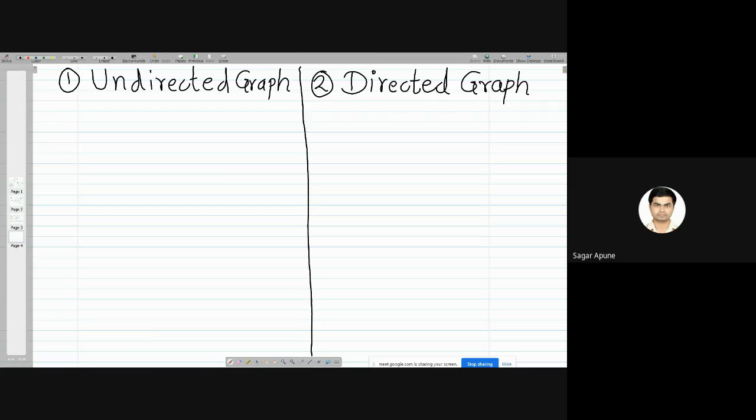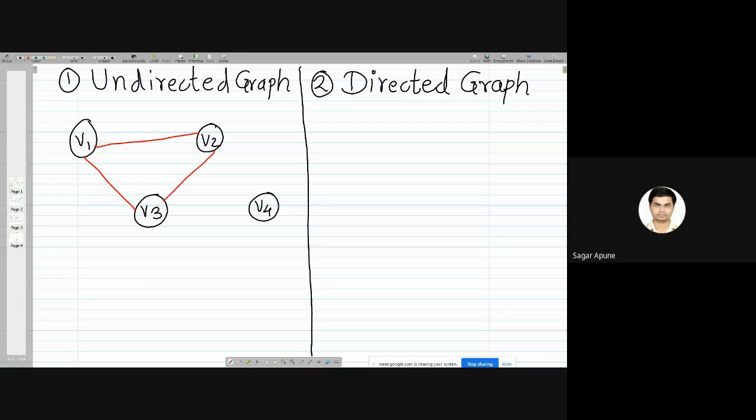Means what? Suppose my example of an undirected graph is V1, V2, V3, V4. Okay, and these vertices are connected by edges. V1 to V2 edge is there. Okay, V1 to V3 edge is there.